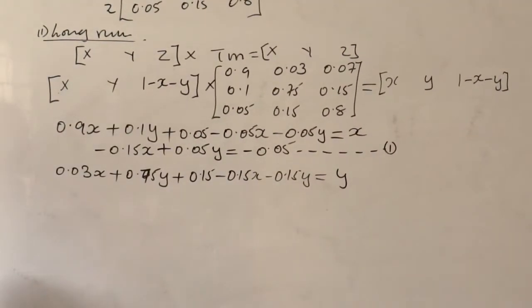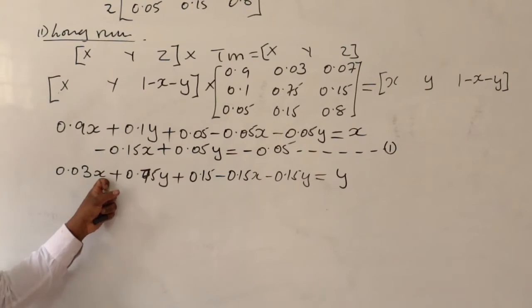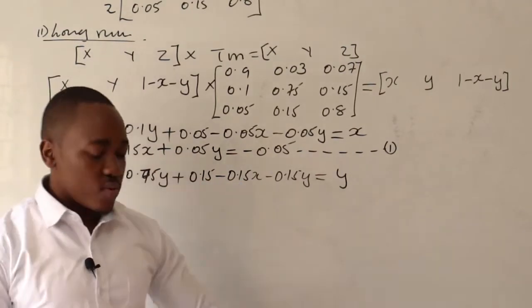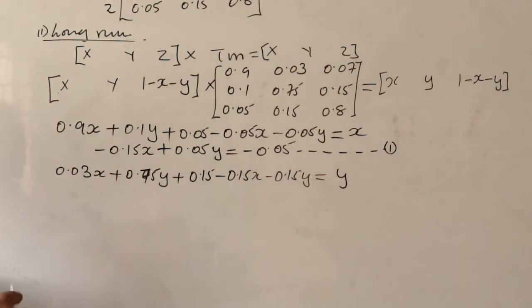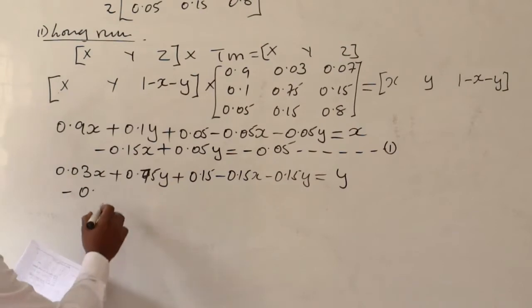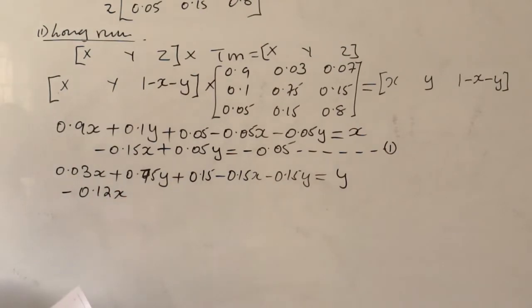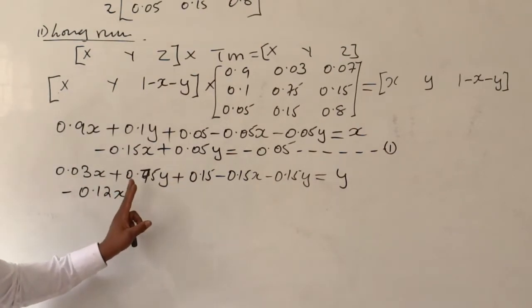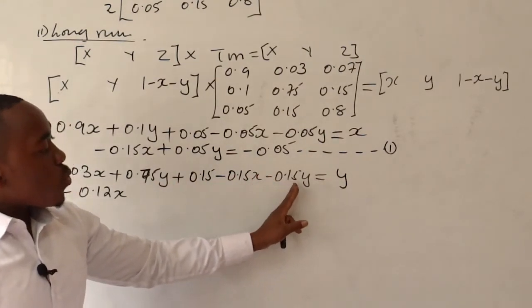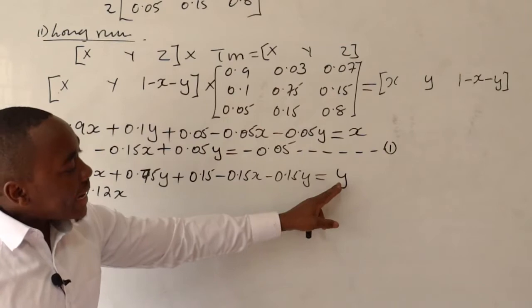Now let's bring the right hand together. We start with x. 0.03x minus 0.15x. What do you get? That one will have negative 0.12x. And then we have y. 0.75y minus 0.15y minus y.